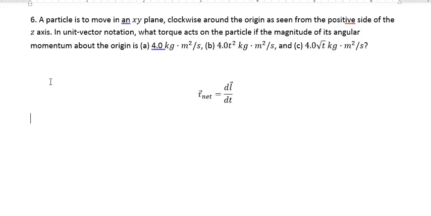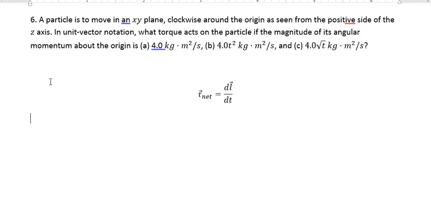So if the magnitude of its angular momentum about the origin is 4 kilogram meters squared per second, that's the magnitude, right? But because it's going clockwise instead of counterclockwise, the angular momentum is actually negative.